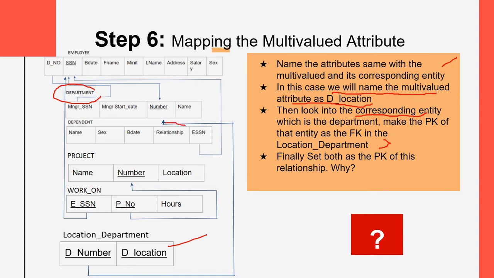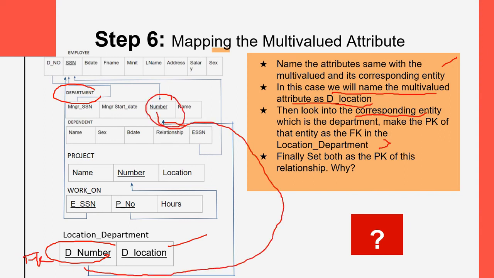So I put it as D number, the foreign key for the department number, the primary key of the department. Finally, set both as PK. So we set both of them as PK by underlining the attributes here. The D number is the primary key, and the D location is also the primary key. Why?